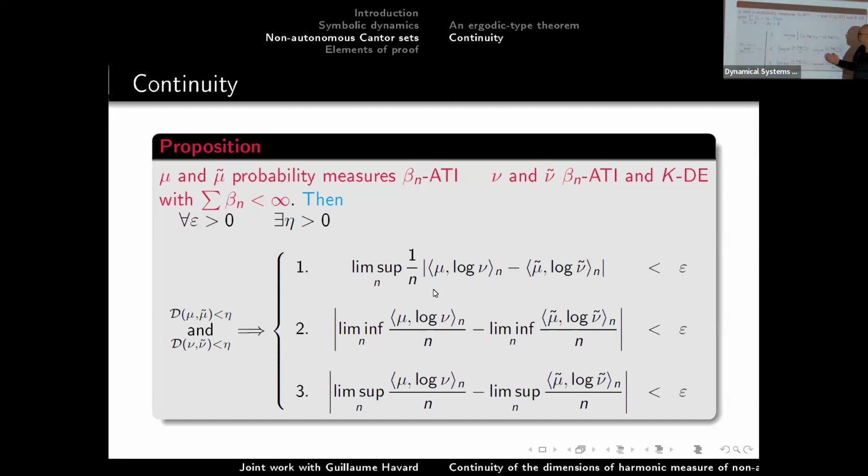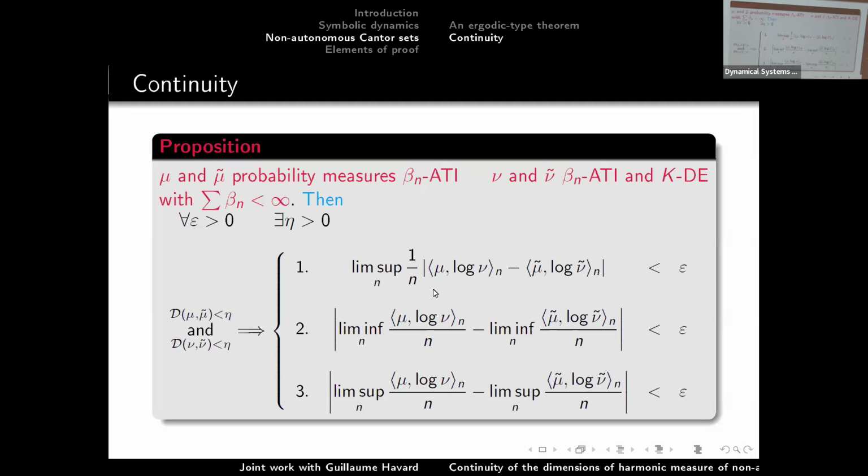And of course, this would mean that the dimensions are the same. Yeah, this would mean that the dimensions, that is, the 2 and the 3 is just a restating of the first one, because it's a corollary of the first one, okay?